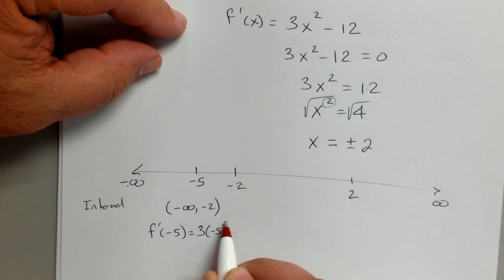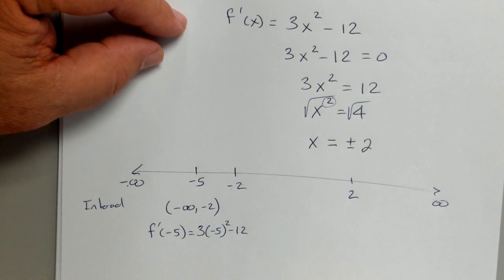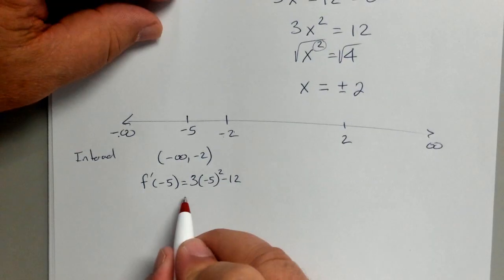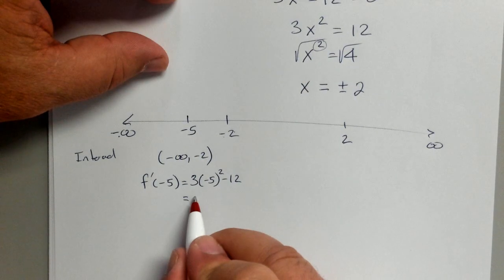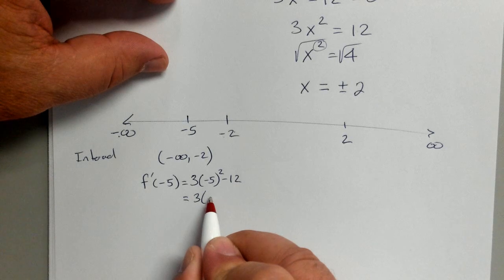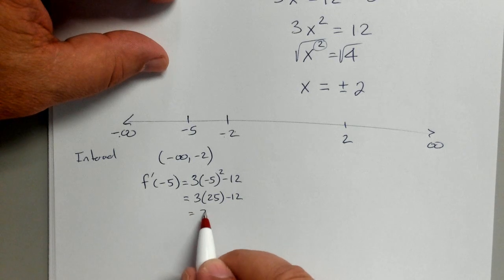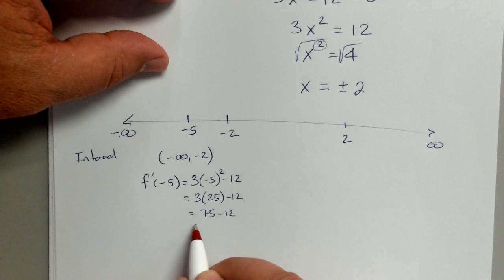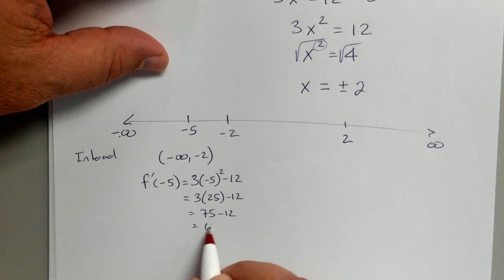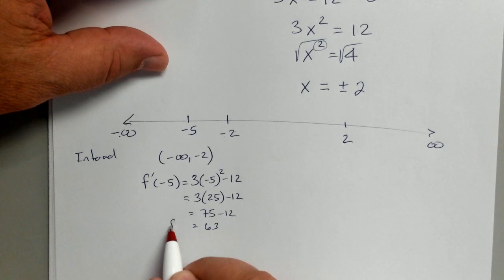We have 3 times negative 5 squared minus 12. And work it out. Negative 5 squared is 25. 3 times 25 is 75. Minus 12 is 63.